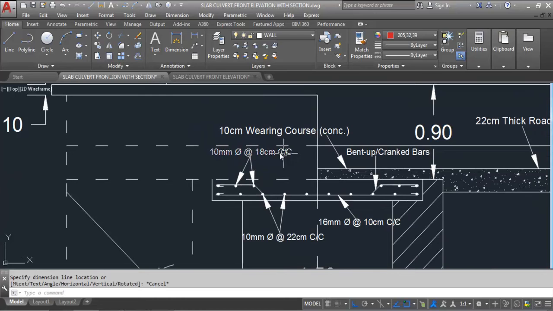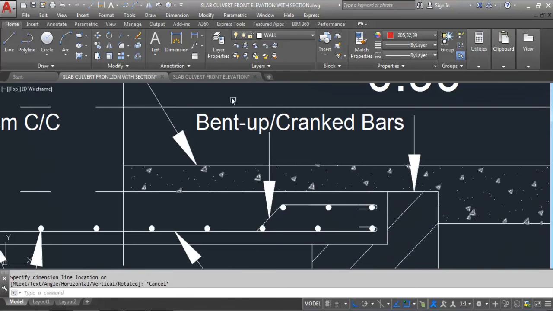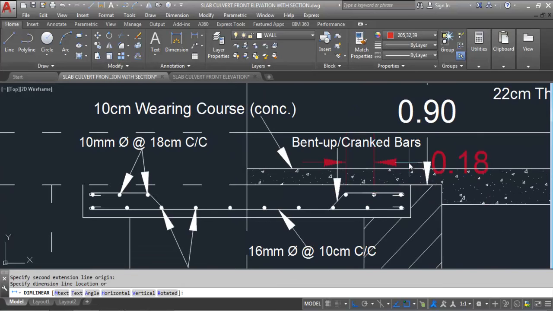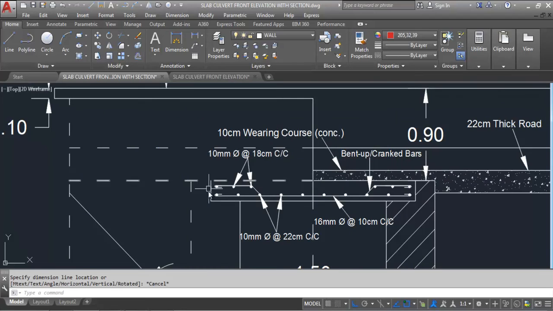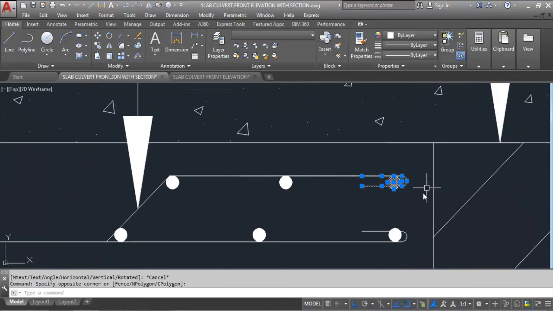Okay, this is the bent up bar, and the distribution bar spacing on the bent up bar is 0.18 meter center to center or 18 centimeter center to center. Hope you understand.